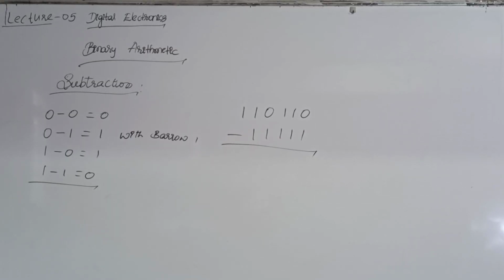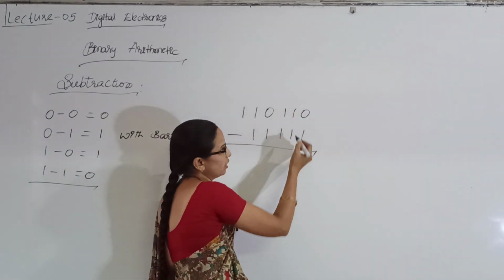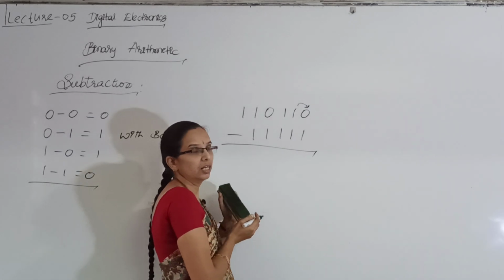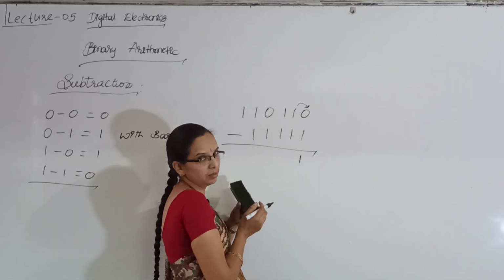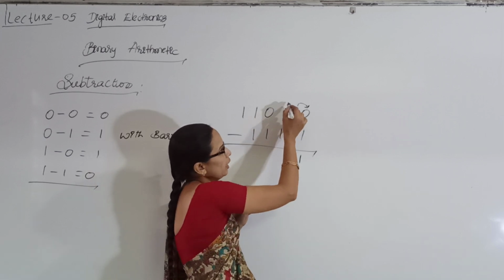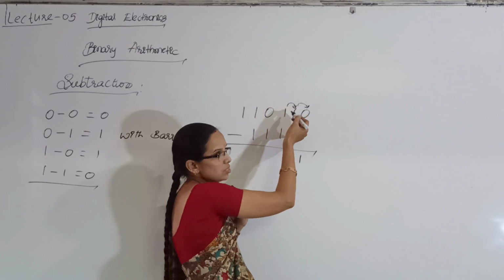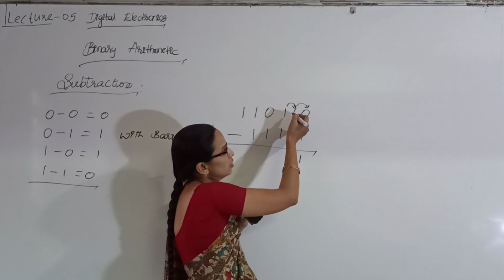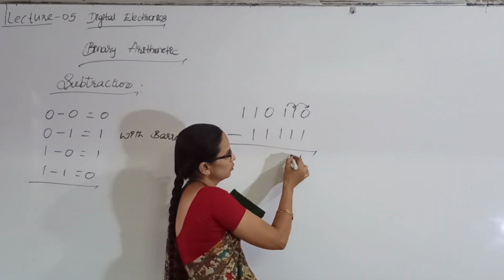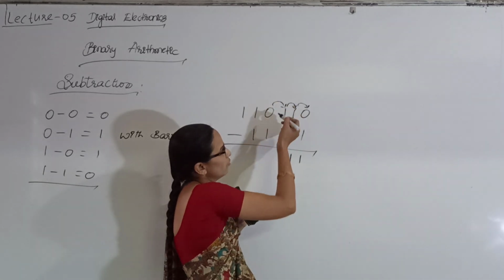I will take the other example, that is 0 minus 1 we cannot do. We will take borrow, that will be 1. With borrow 1 we have taken. So again we have to take borrow, because again it cannot be subtracted. Again we have to take borrow.